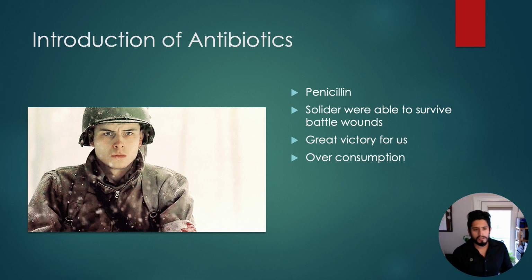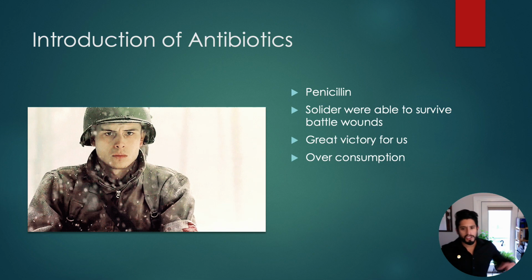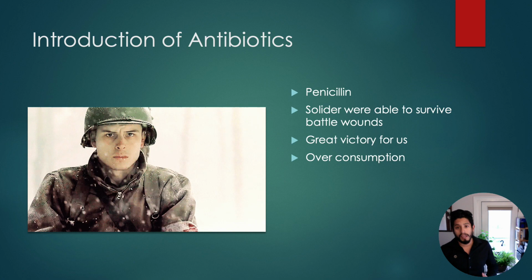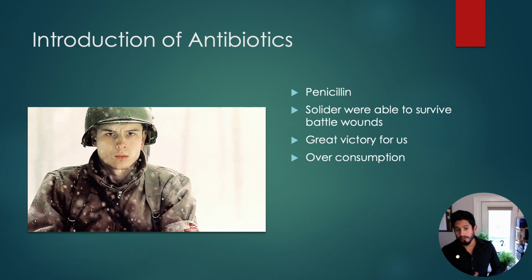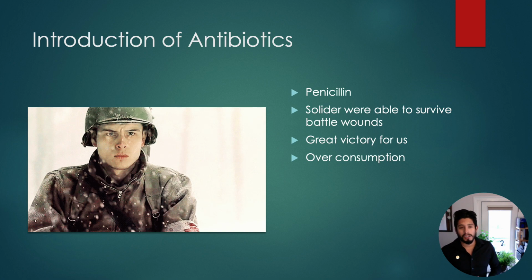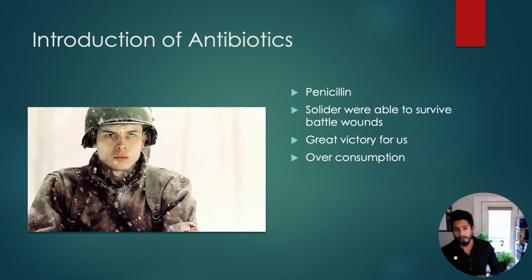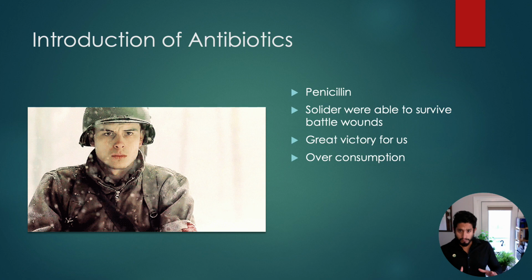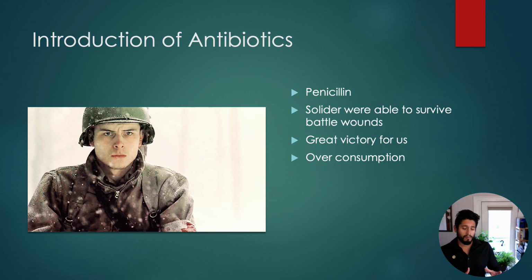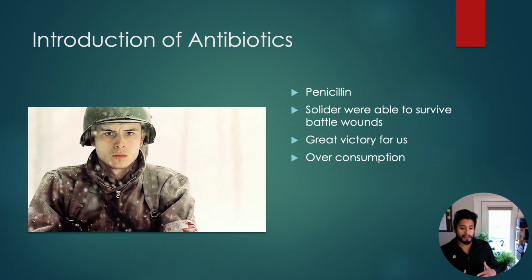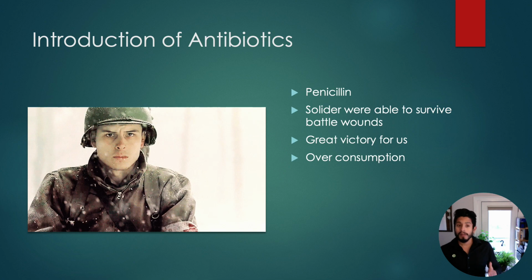Okay, let's give a little context here. Put yourself in the position of Eugene Roe. He is an actual person that's being portrayed here by an actor in the show Band of Brothers, but he was the medic for Easy Company, and he had a weapon that was really more effective than a rifle, and that was antibiotics.